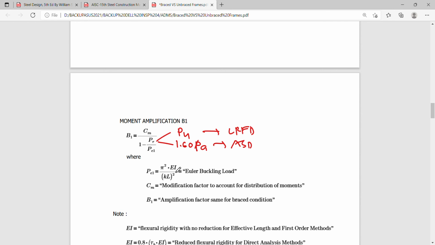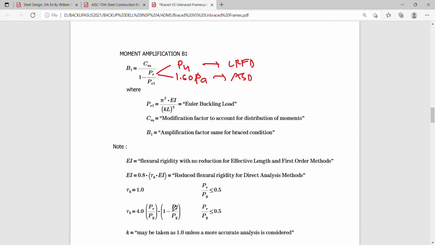So for Cm, the modification factor to account for the distribution of moments, and B1 is the amplification factor, which is the same for brace condition. Okay, so for brace condition, we only have the amplification factor B1 as our main concern.